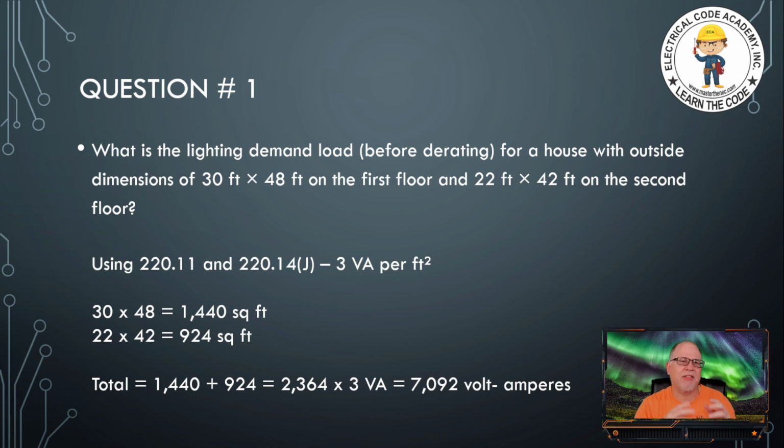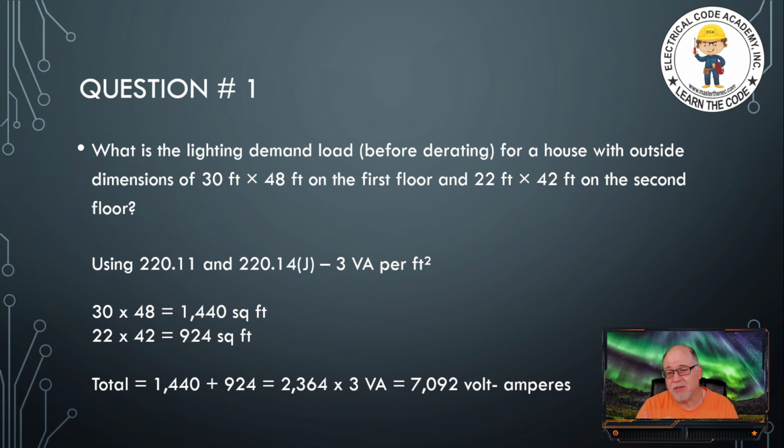Now, where did the 3 VA for dwellings information go from the 2017 to the 2020? Well, it used to be again in 220.12, and the general lighting table used to say 3 VA per square foot for a dwelling. Well, that's no longer in the table anymore. It's been moved to 220.14(J), and that's where it really needed to be because that was dealing with dwelling units.